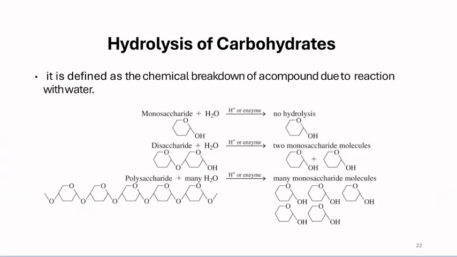Continuing on, looking at the chemistry for carbohydrates, next we're going to discuss the process of hydrolysis. Hydrolysis is defined as the chemical breakdown of a compound due to the reaction of water. In hydrolysis, our reagents include water in the presence of acid or water in the presence of an enzyme.